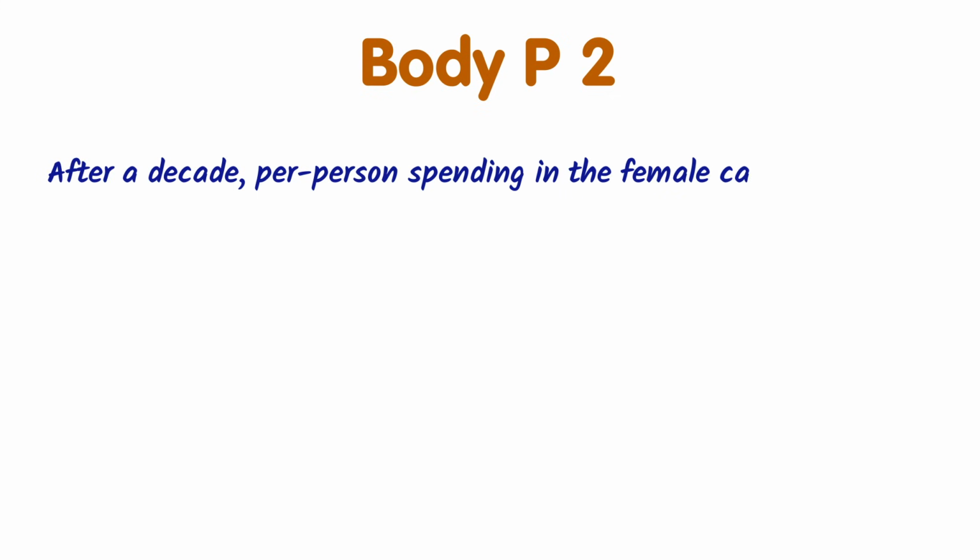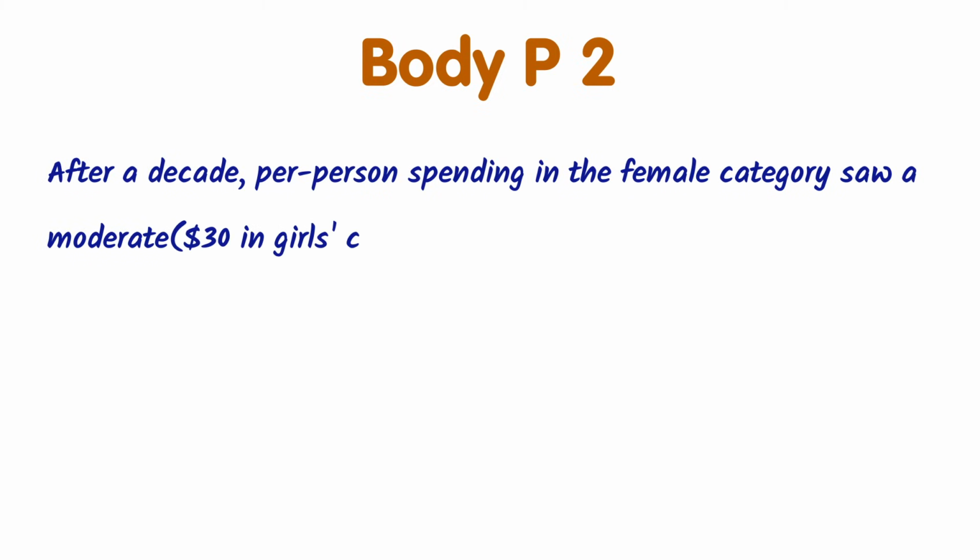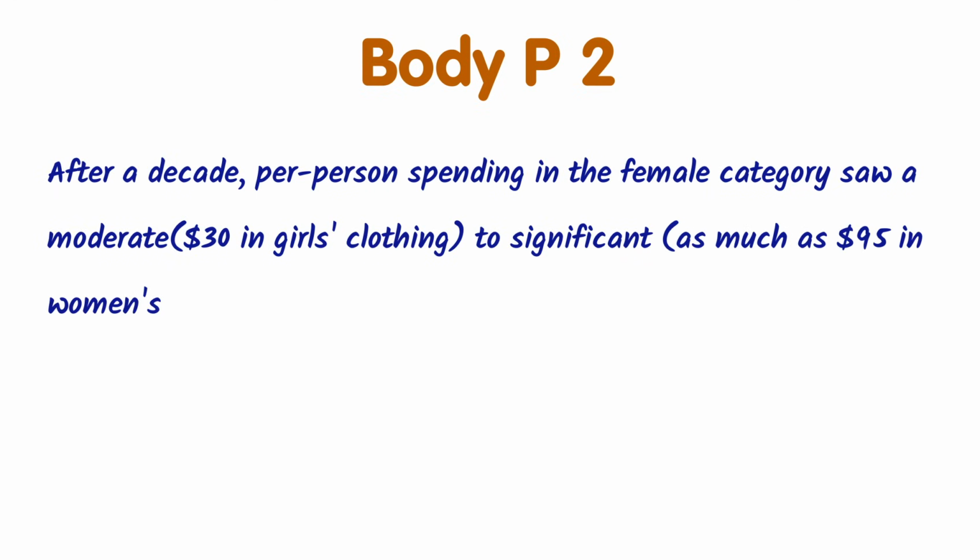and not repetitive. After a decade, per person spending in the female category saw a moderate, you can write it here in parentheses, $30 in girls' spending, which was moderate, to significant, again, in parentheses, as much as $95 in women's clothing increase.